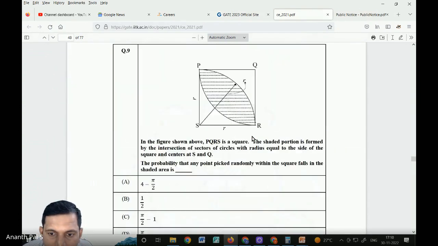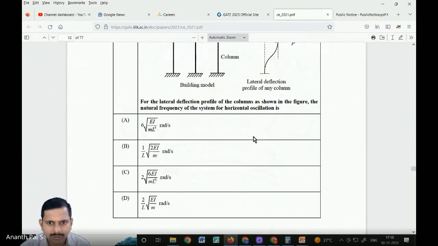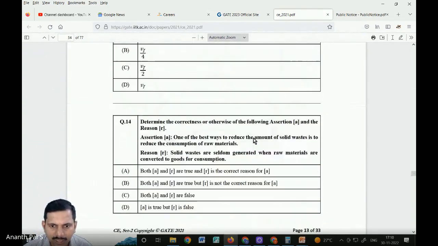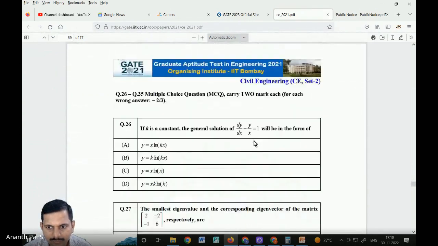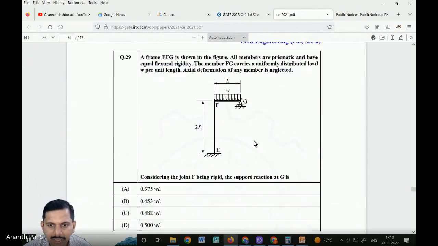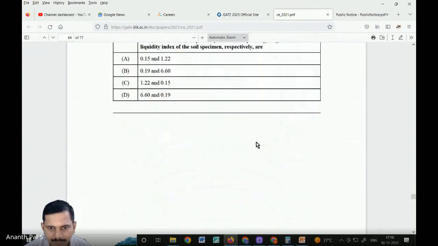We have an elevated water tank. Civil engineering, some difficult questions are there. If need be, tomorrow also we will take one more class to solve some civil engineering problems.